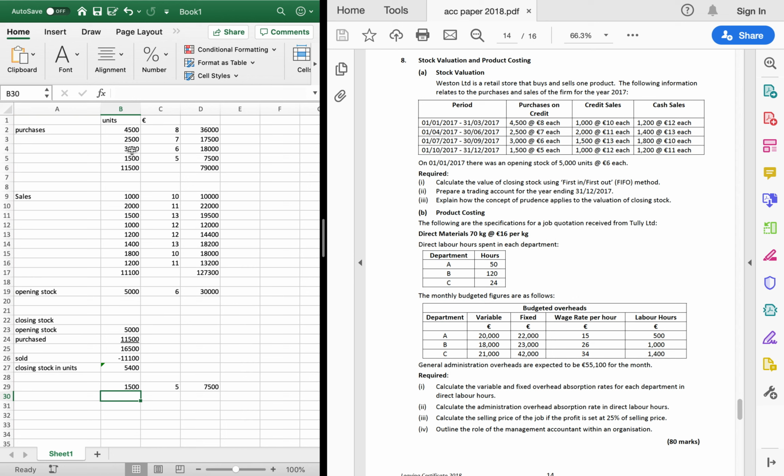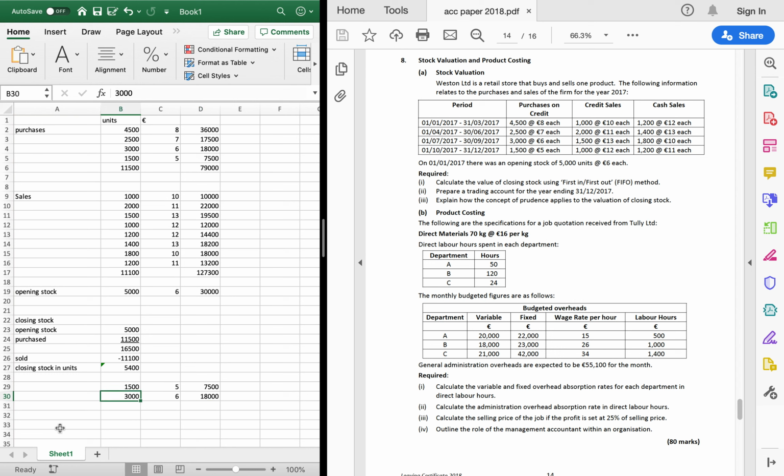So we go back up to the next 3,000, and we could say that of the 5,400 left over, we bought 3,000 of them at 6, and that is 18,000.